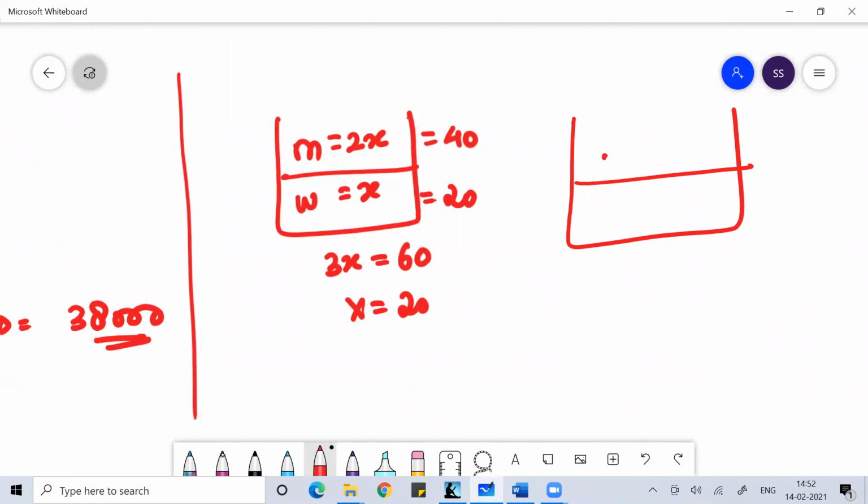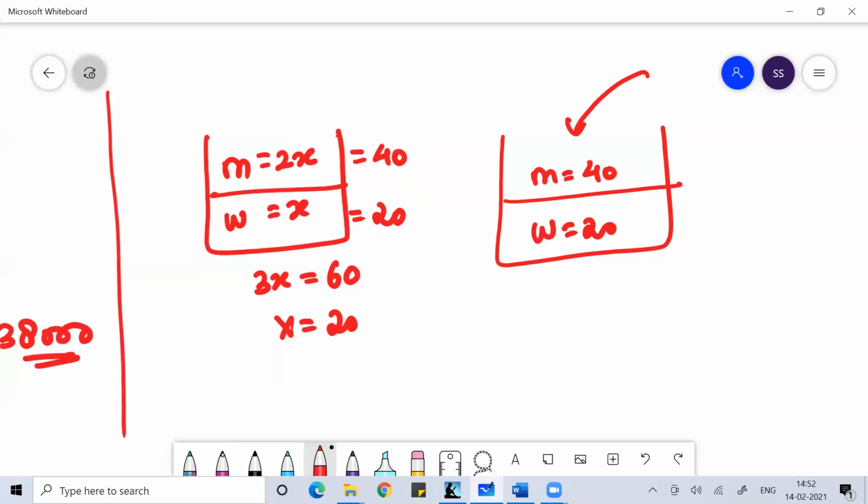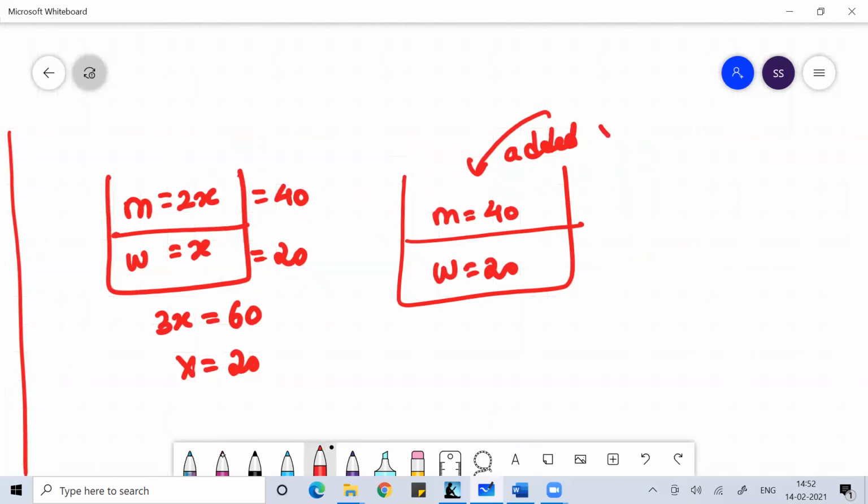Question is that if your milk is 40 and the water is 20, and you added x liter of water, now you have 20 plus x liter of water and the total is 60 plus x.